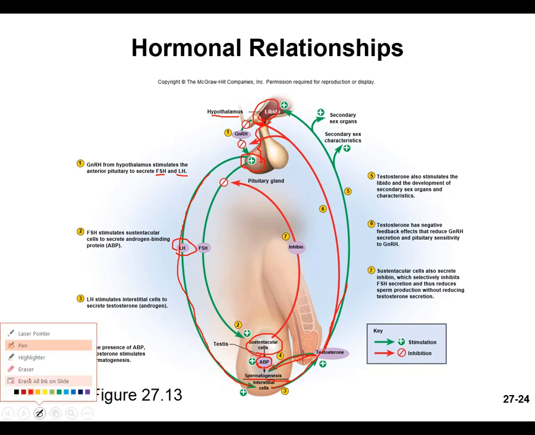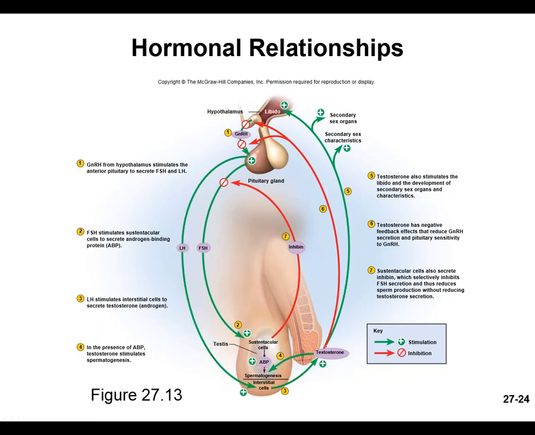Now, what also happens? The testosterone is in the bloodstream, so this will stimulate the libido. It also helps with the development of your secondary sex organs and characteristics. But it also has a feedback mechanism.